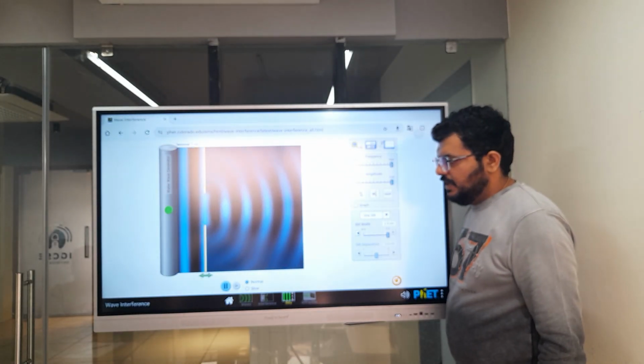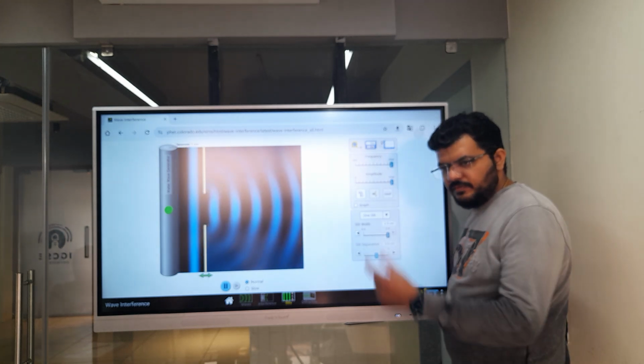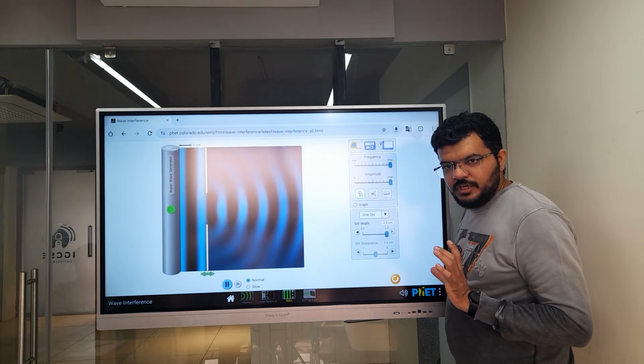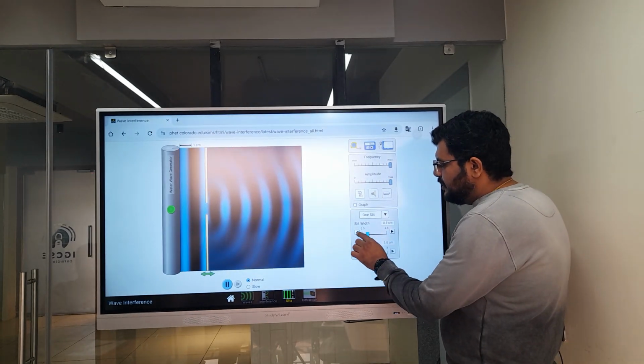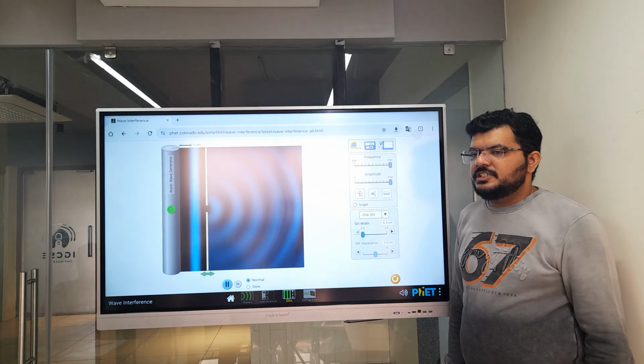It's lesser as you increase the width. So it has something to do with the wavelength and the gap. If the gap decreases, instead of just bending around the corners, it starts spreading.